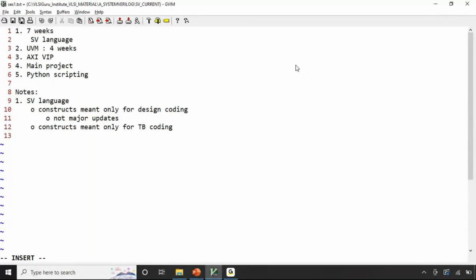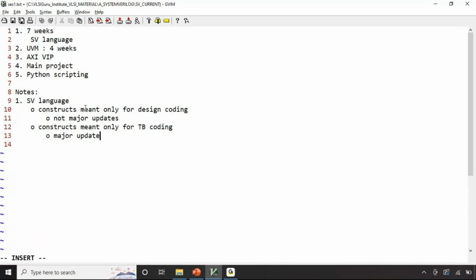I would say if Verilog had around 10 constructs, SystemVerilog made it 20, a small increment. The test bench construct is a major update, where 10 became almost 100, 200 constructs.